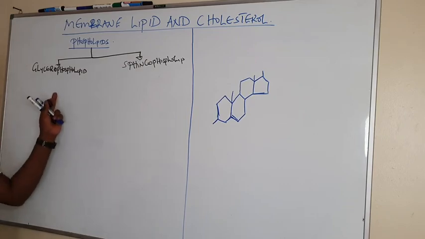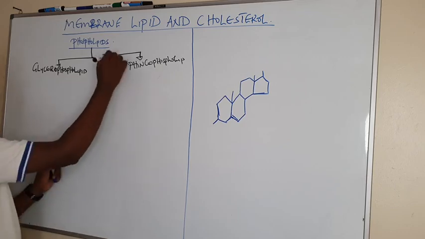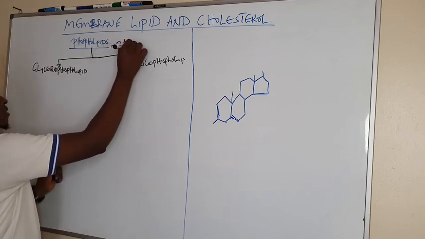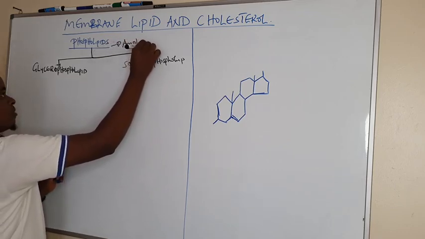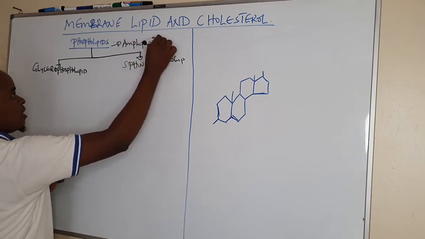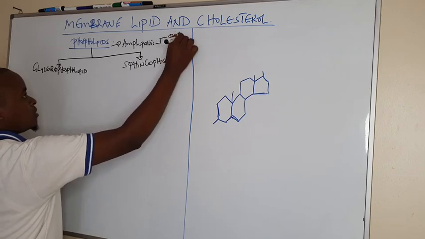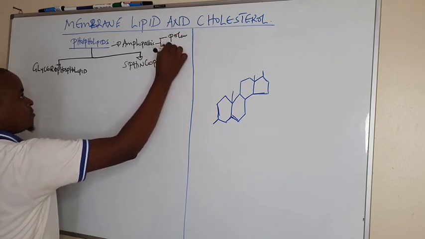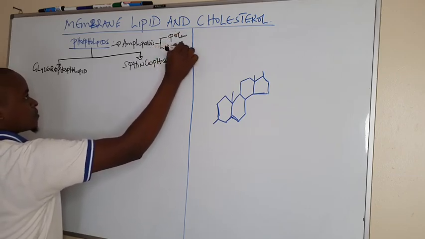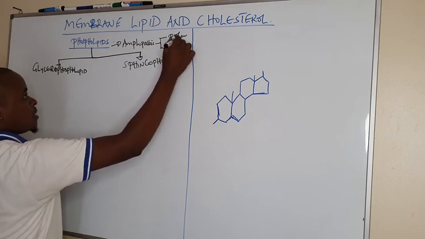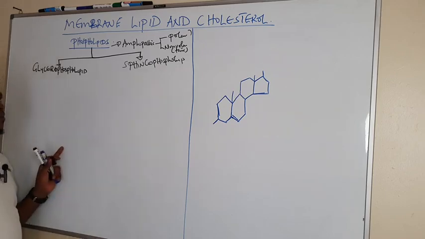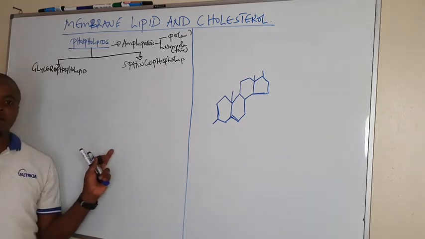And these phospholipids, we're going to tell you that they are amphipathic in nature. They are amphipathic because they have the polar head and the non-polar tail. The tail is non-polar, then the head is polar. That's why we call them amphipathic.